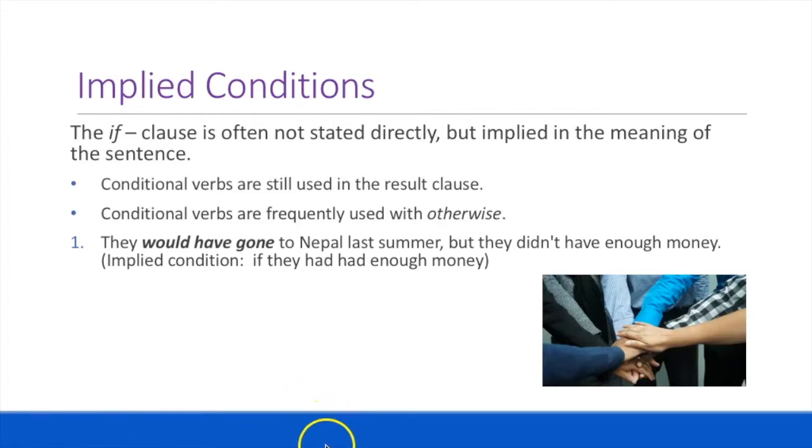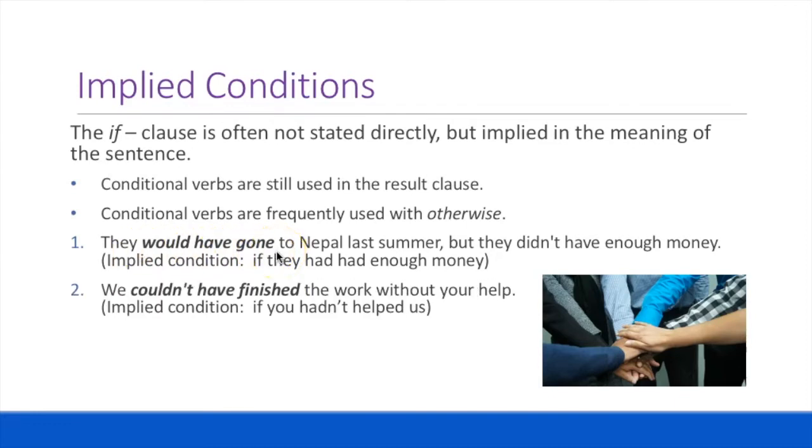So in this sentence, the implied condition is, if they had had enough money, they would have gone to Nepal last summer. So even though the sentence itself does not include an if clause, we still have a result clause, and so we still use those conditional forms of the verbs in the result clause.